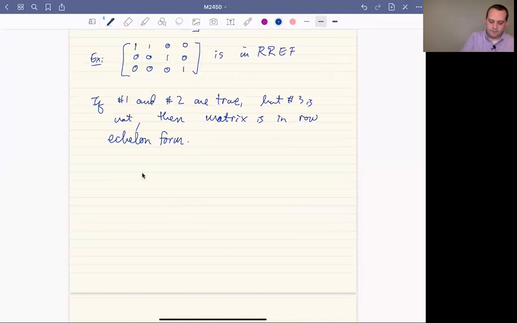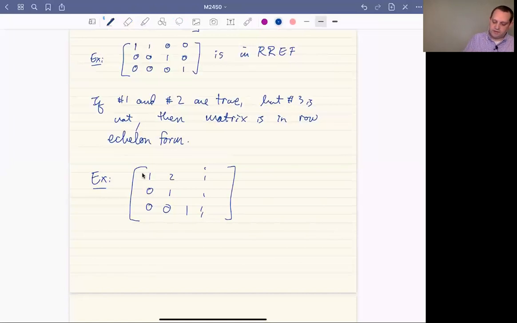So for example, let's just do a square matrix here, and we'll augment it with something so that this is a system of 3 equations, 3 unknowns.